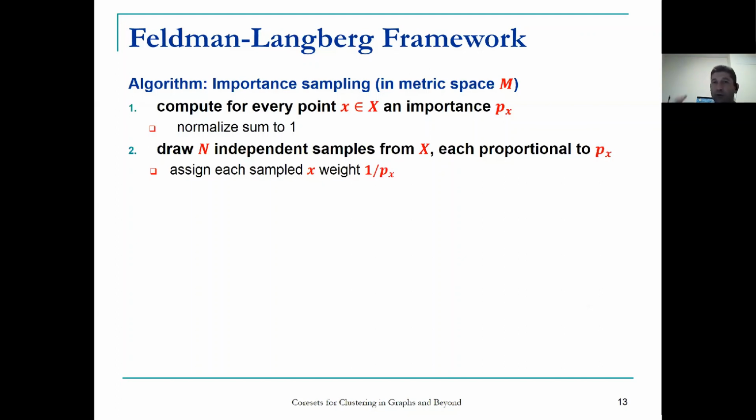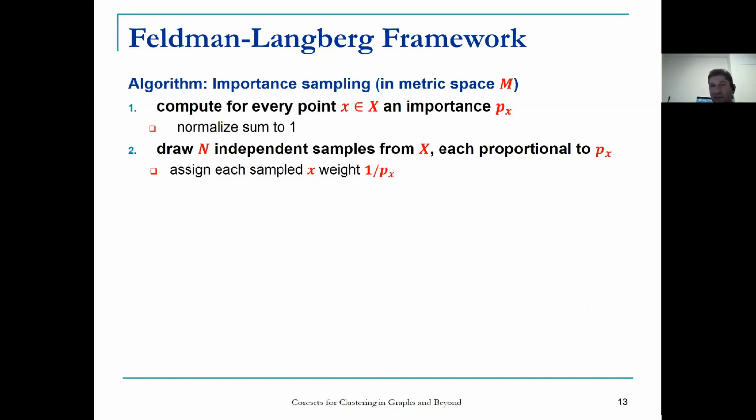I'm going to call it importance p sub x. Then we normalize it to 1, so it looks like a probability distribution over the points. Then in the second step, you draw the right number n of samples of x, each one using this probability p_x that you computed, because they sum up to 1. You repeat this sampling n times, and you get n points.